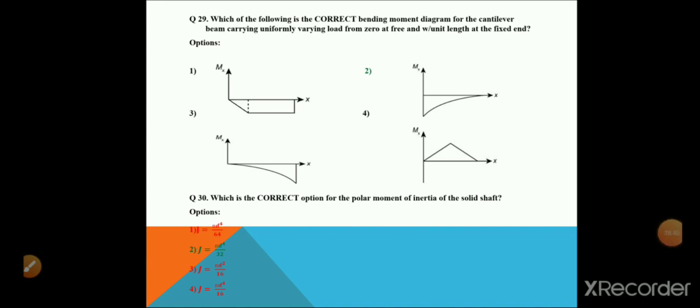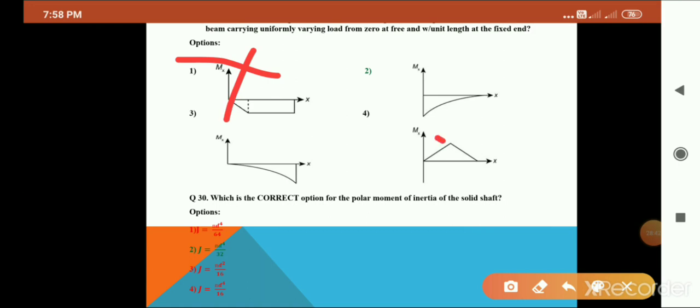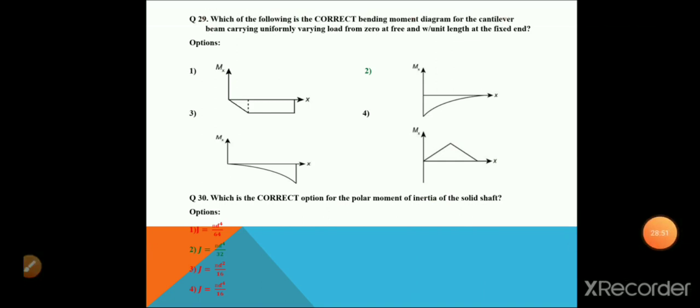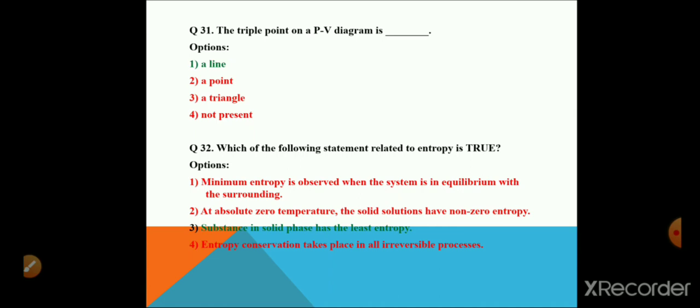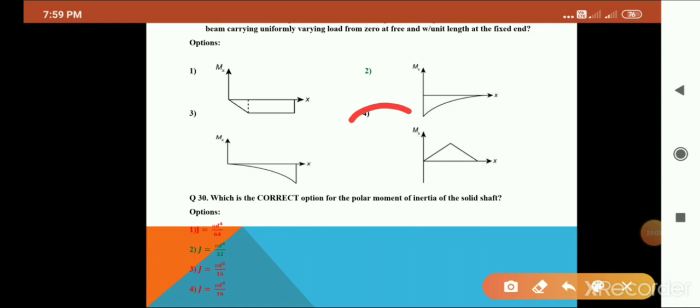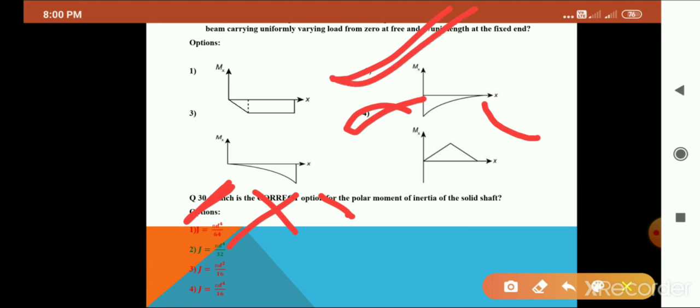So option 1 and option 4 are absolutely wrong. Between option 2 and option 3, look at the moment at the fixed end. The moment at the fixed end will be maximum and at the free end will be 0. But in option 3, the moment at the fixed end is 0 and at the free end it isn't possible. So option 2 is the correct answer here.